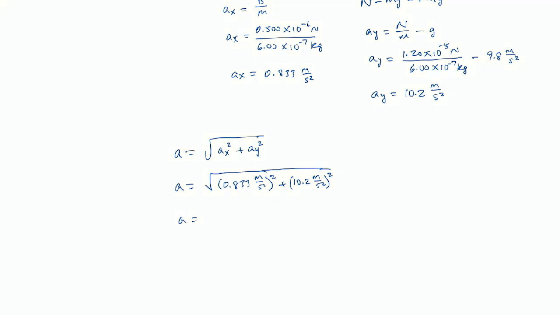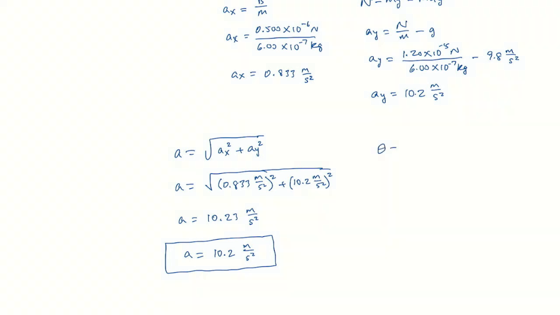I found this was 10.23 meters per second squared, and to 3 sig figs, this is 10.2 meters per second squared. It is very similar to the y component, but it is slightly bigger. It's just taking the sig figs knocks one digit off.